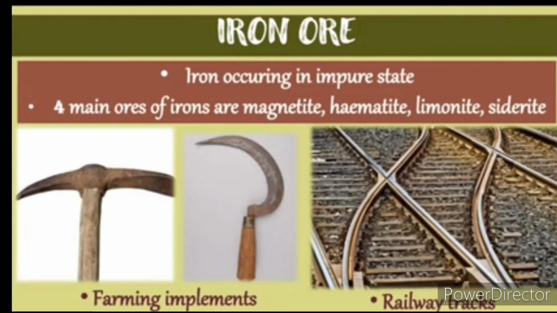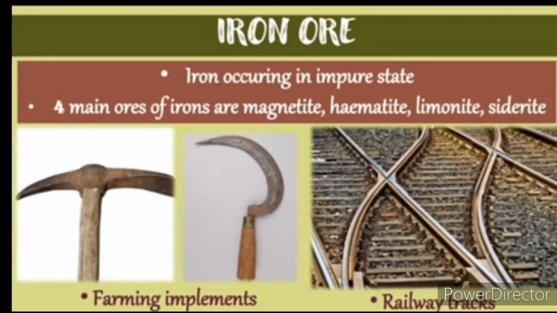For example, farming implements and railway tracks are made from iron ore. The four main ores of iron are magnetite, hematite, limonite and siderite, etc.